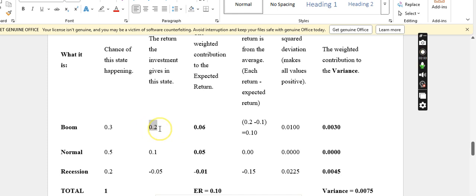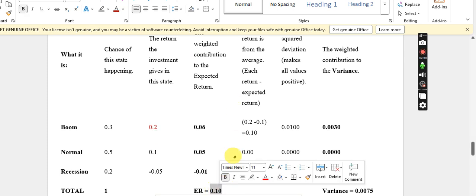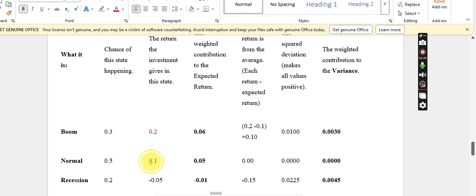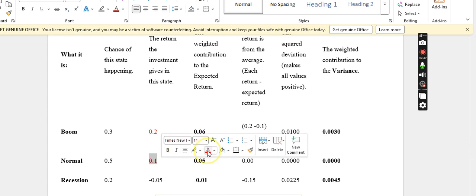Each of these returns, you're going to subtract from the expected return.